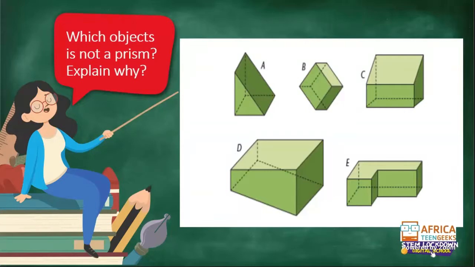All right. Let me see. One is saying C. Yes, C also. C is correct. D is correct. And E is correct because there's two opposite ends that are not equal, right?